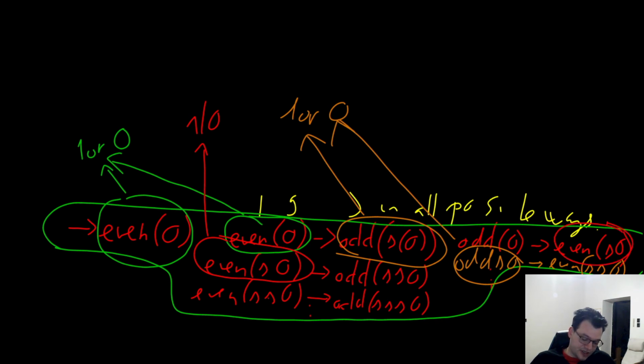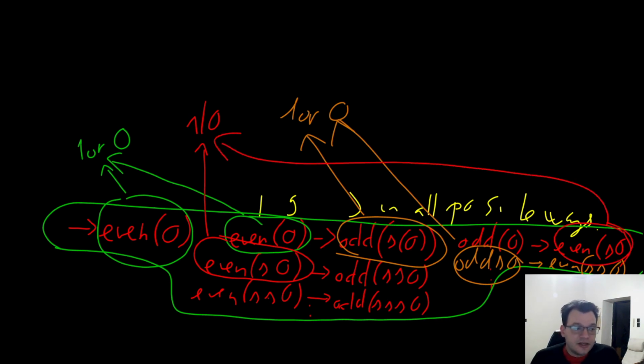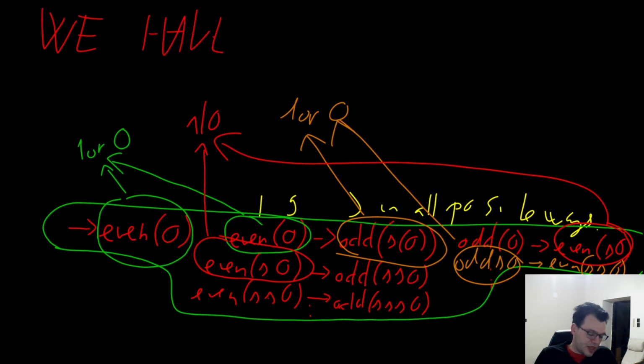But basically, at this point, you only have propositional variables. Variables will take truth values, either 0 or 1. So basically, we have a propositional program.